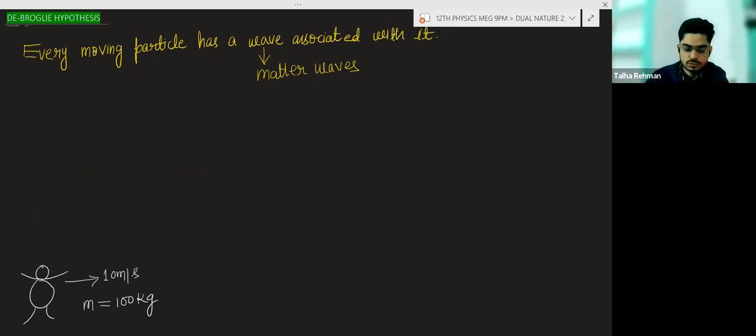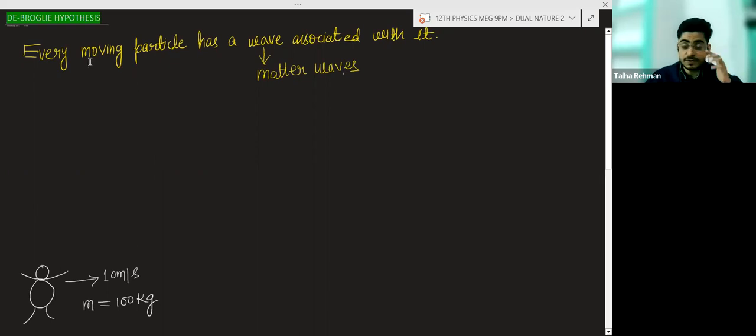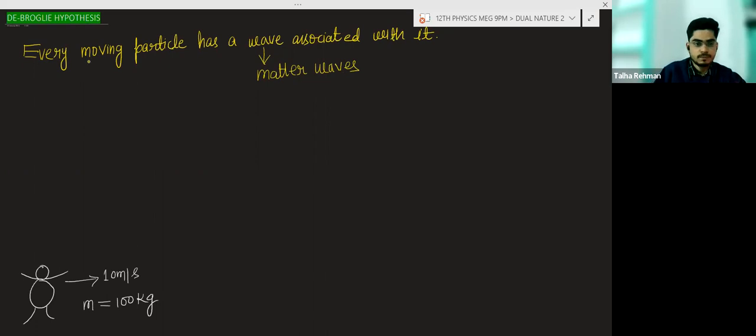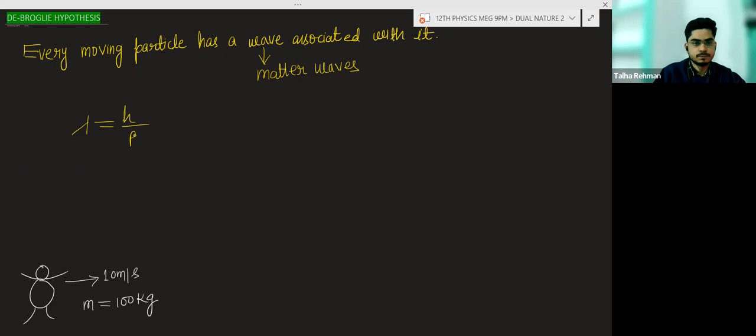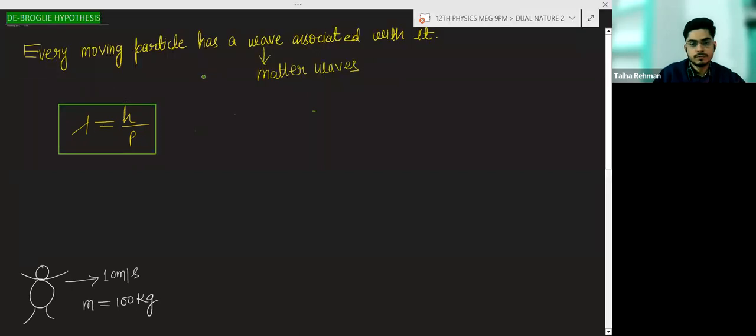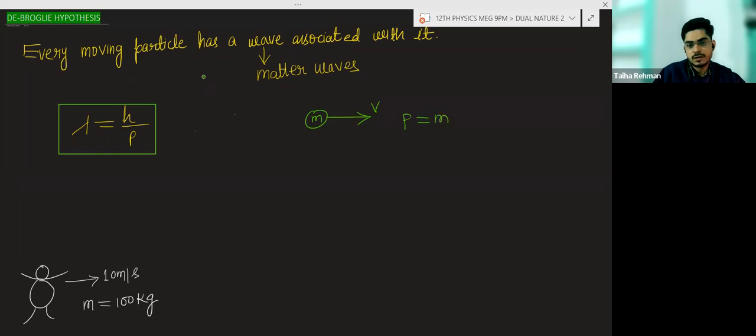So he gave that the wavelength of that wave, lambda, is given by h divided by p. And what is p? P is the momentum. If this is mass m moving with velocity v, then momentum p is given by mass into velocity.